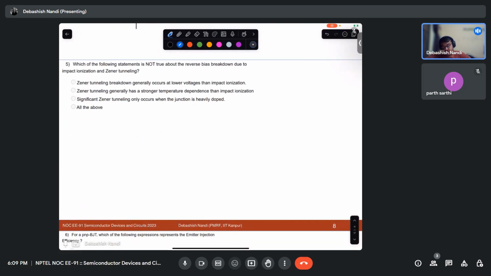Which of the following statements is not true about reverse bias breakdown, due to impact ionization and Zener tunneling? So what are the types of breakdown in a PN junction diode?